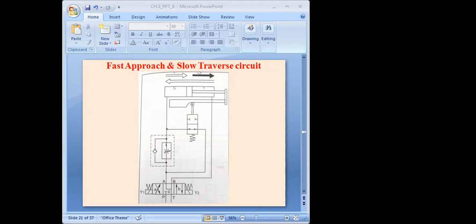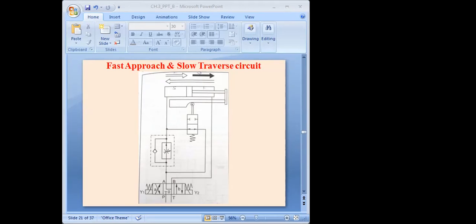You can see the direction from P to A at position number 1, left and right side. So P to A, then from this 2x2 direction controller. It is not moving through this flow control valve.